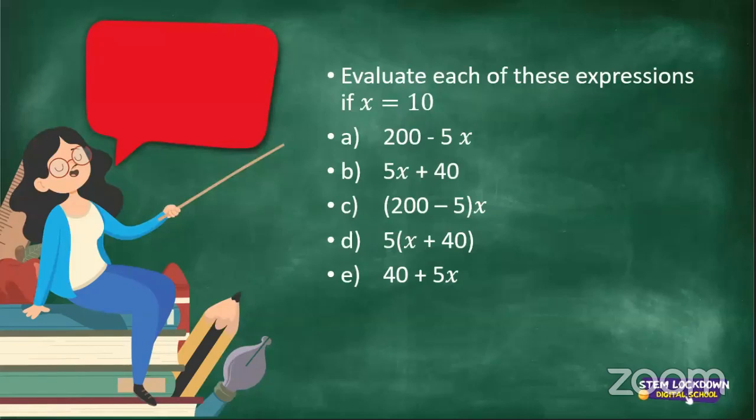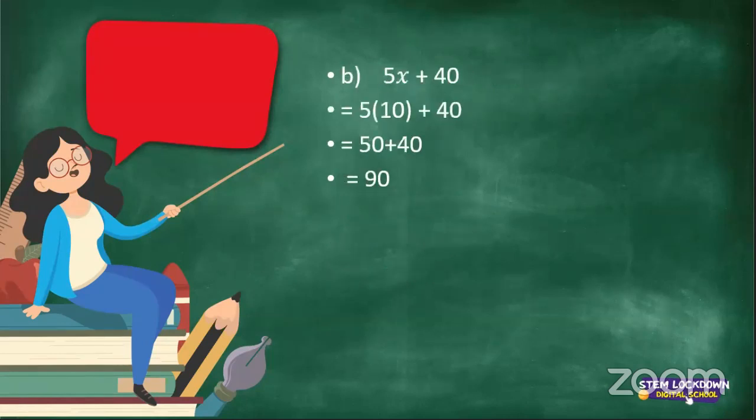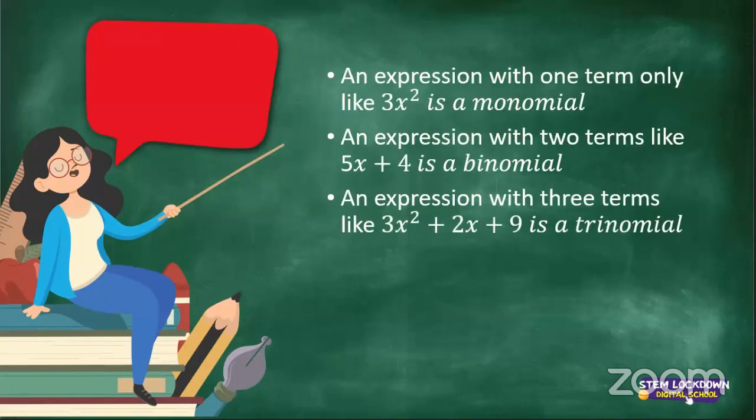Now we are going to take our lesson to the next step, where we are going to learn a little bit about the coefficients, as I indicated in the beginning of the lesson, but also the different expressions.